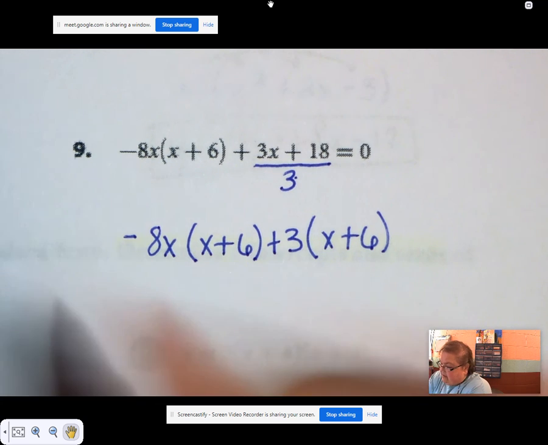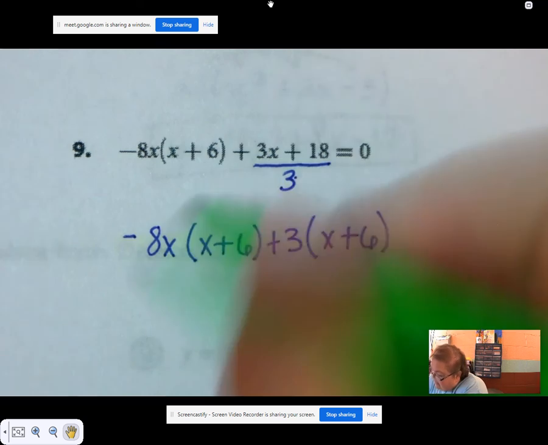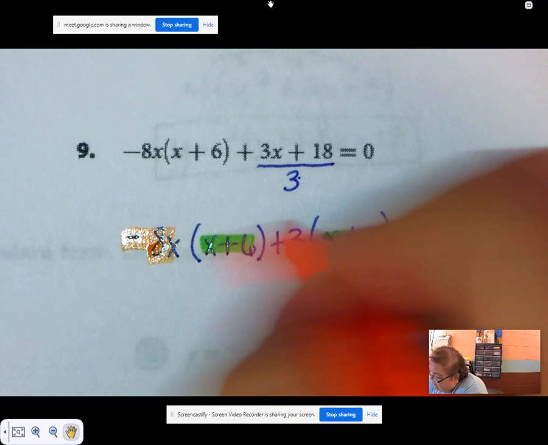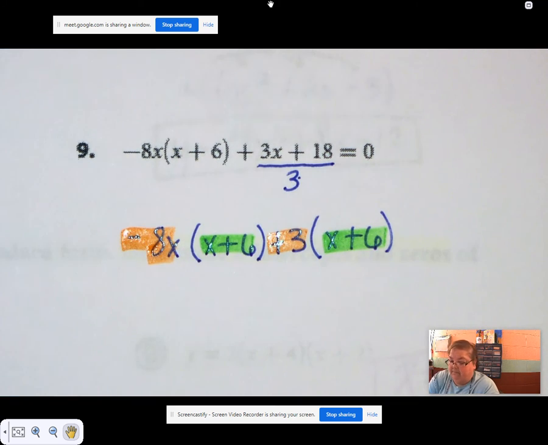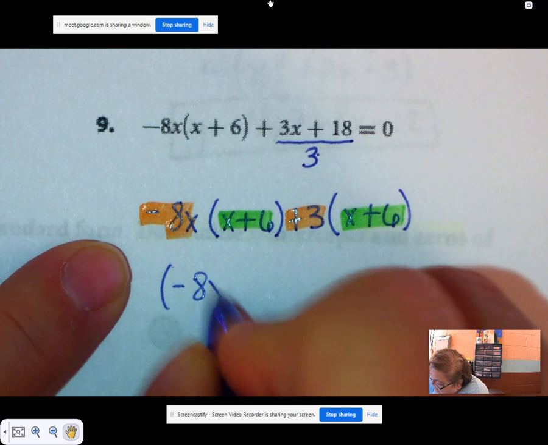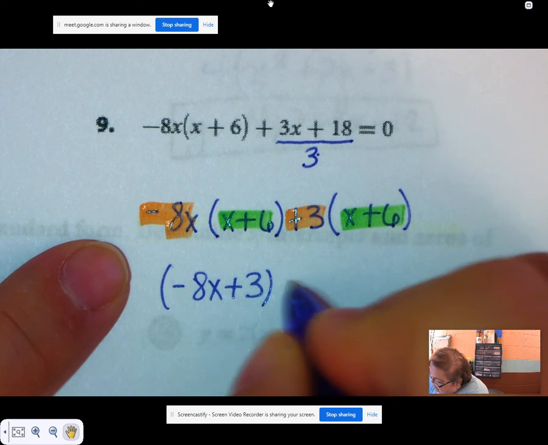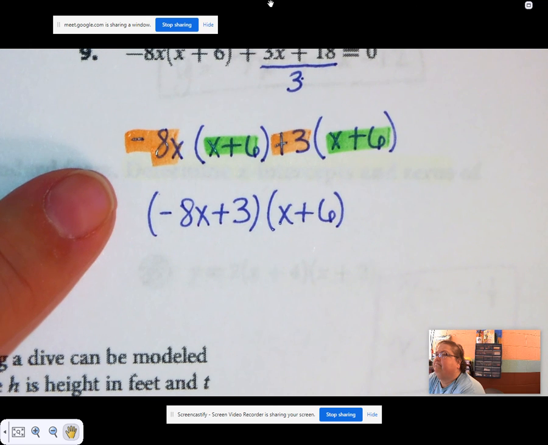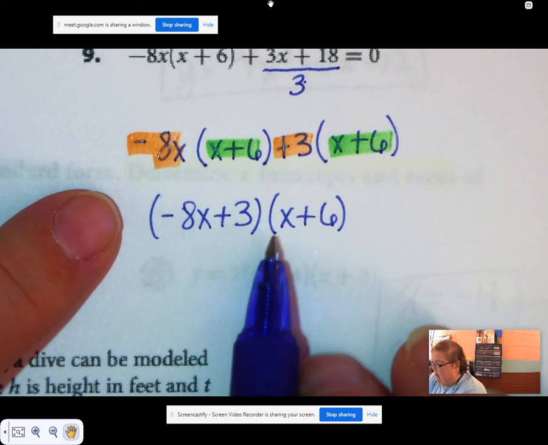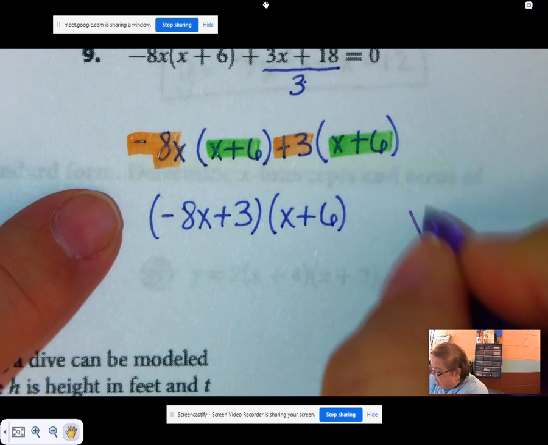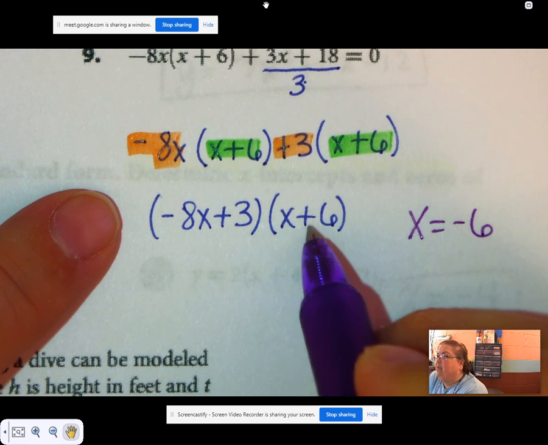Okay? So here we go. X plus 6 only gets written once. But then on the outside, I've got -8x plus 3. All right. So I've got -8x plus 3 is my first binomial. X plus 6 is my second one. What plus 6 equals 0? -6 plus 6 equals 0.